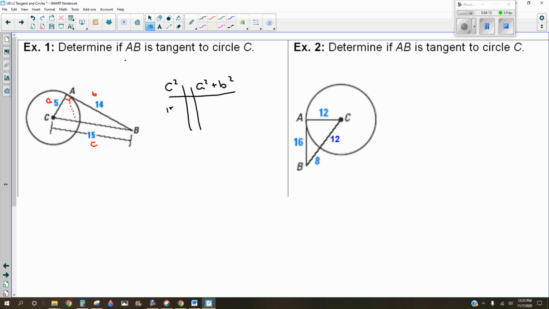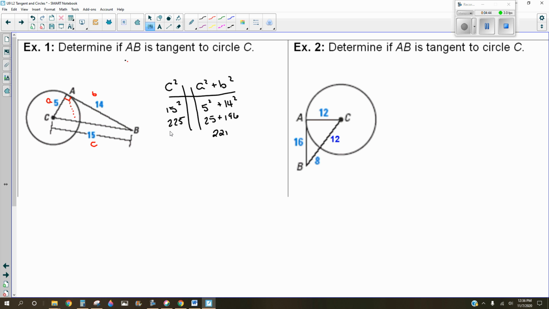So C was 15 squared. A was 5 squared. B was 14 squared. 15 squared is 225. 5 squared is 25, and 14 squared is 196. So I have 221 over here.